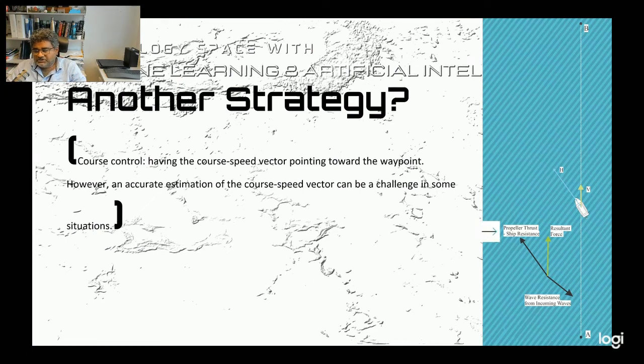Here I am considering the force diagram for this navigation situation. As you may have noted, the heading vector and the propeller thrust minus the ship resistance force should be in the same direction.